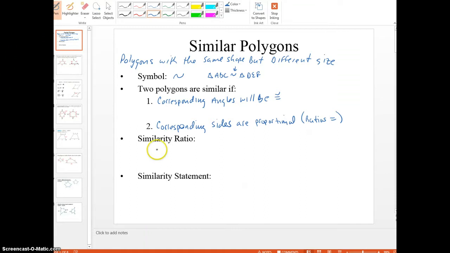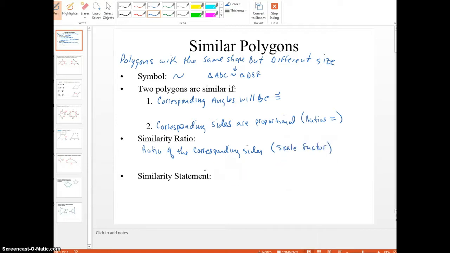Similarity ratio is basically the ratio of the corresponding sides. And you'll also see the similarity ratio written as a scale factor.